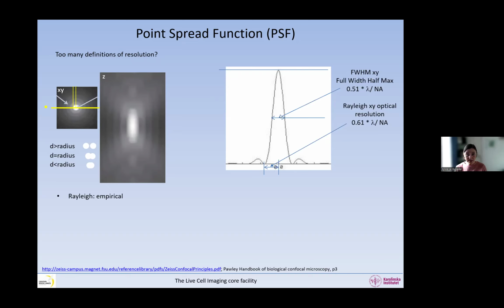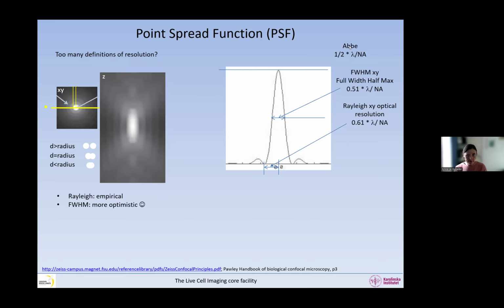You can see that it is a little bit smaller than this one, because this is 0.51 and this one is 0.61, okay? So it's not super much smaller, but it's more optimistic, because a small distance means a high resolution. So we like that. Anyway, full width half max is used a lot to represent the resolution.